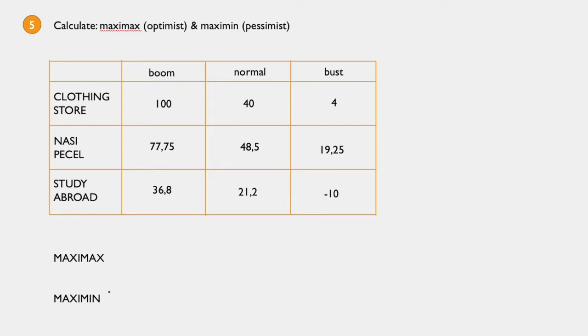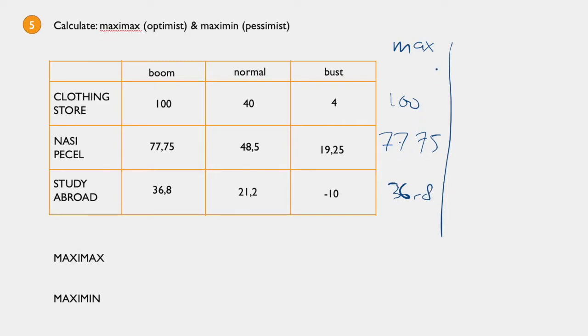Okay, first one, maximax and maximin. From this payoff matrix, we can see the maximum payoff first. The maximum payoff for clothing store from 100, 40 and 4 is 100. So we put it here. For nasi pecel, it's 77.75. And for study abroad, it's 36.8.